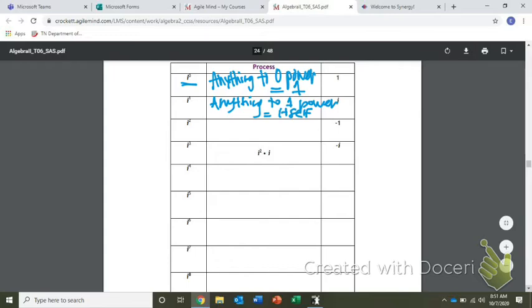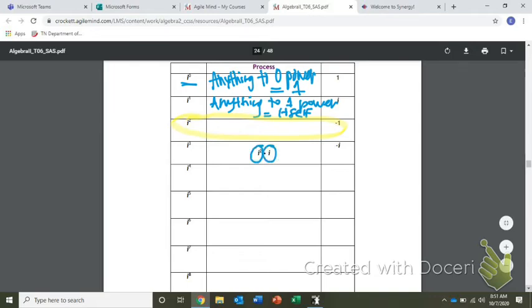All right, the next one is probably the most important one. i squared equals negative 1. So I want you to circle that one. All right, now we start where the processes come in. i cubed, i to the 3rd power, is an i squared and an i.